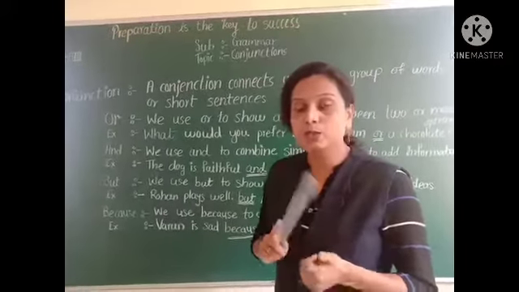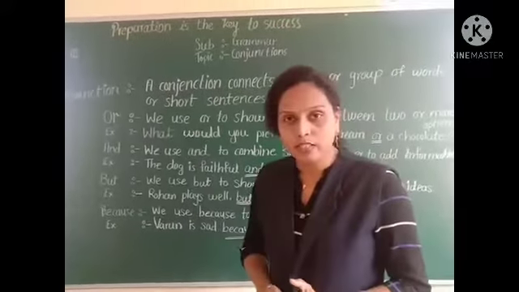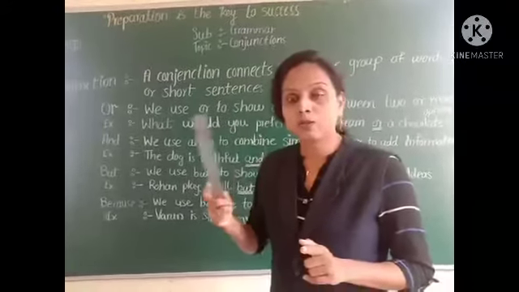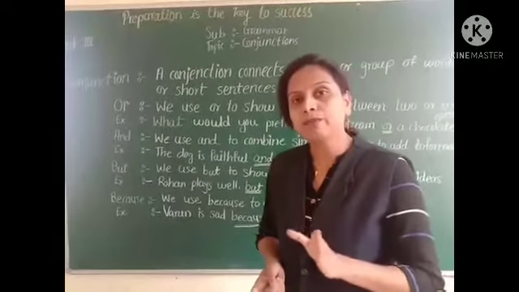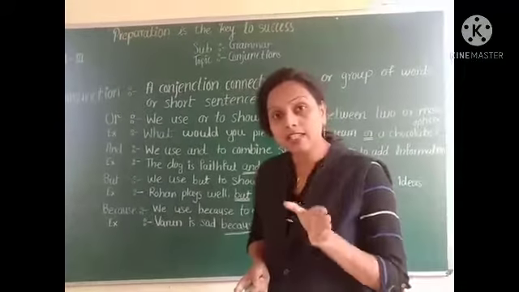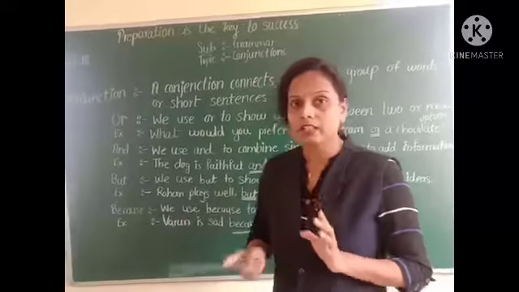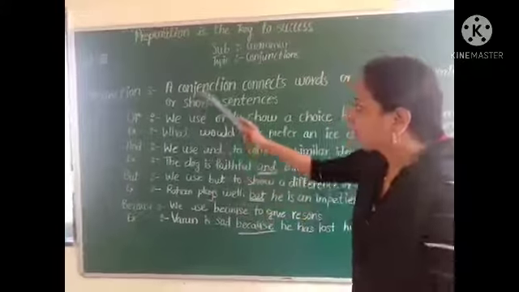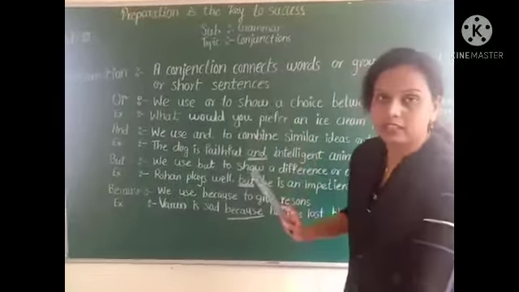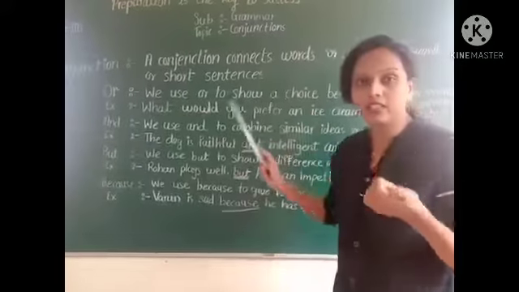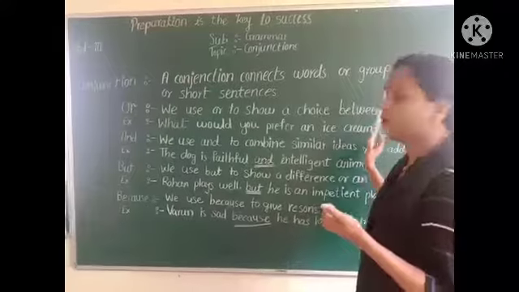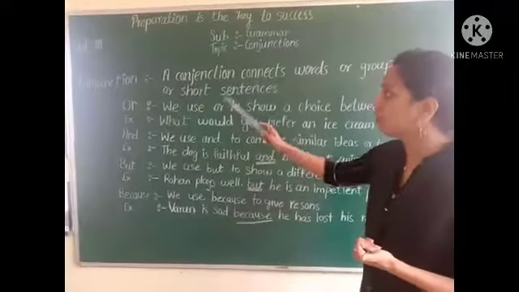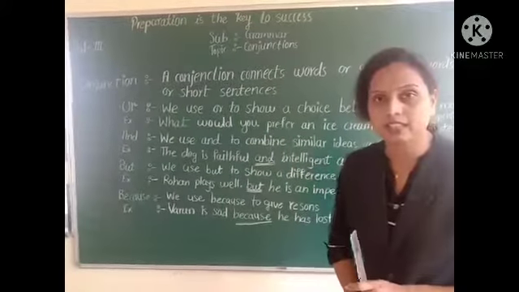We use conjunctions to join two words, or two groups of words, or two short sentences. Listen again. What does a conjunction connect? Words or groups of words or short sentences.